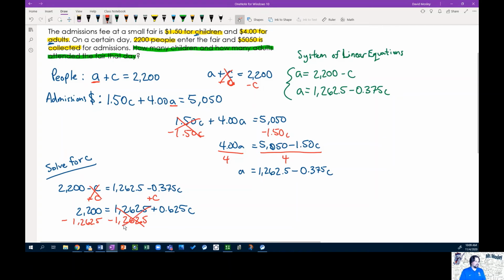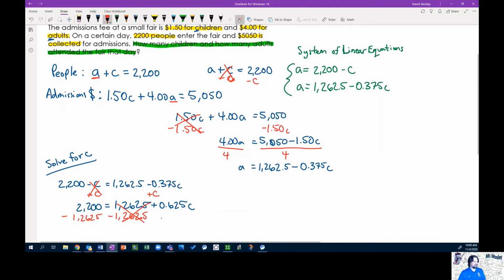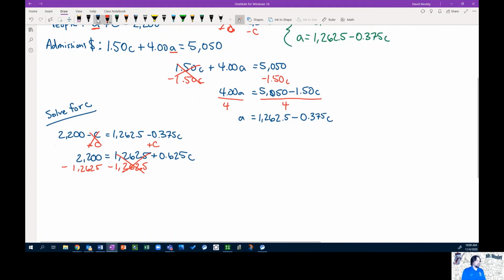I'll be left with 0.625 C, and that will be equal to 937.5. Lastly, we divide by 0.625 on each side so that I get left with C by itself over there.